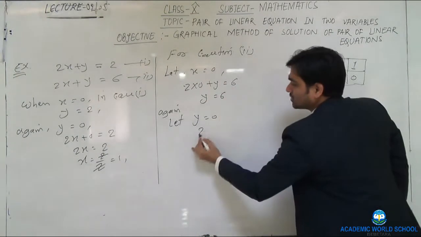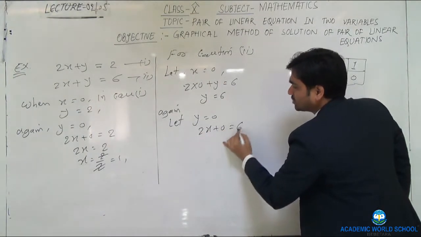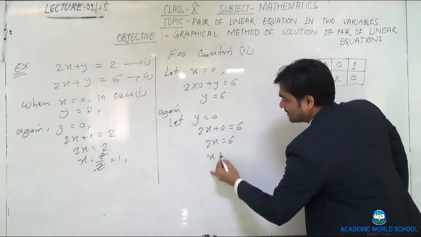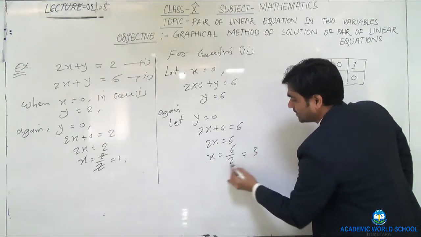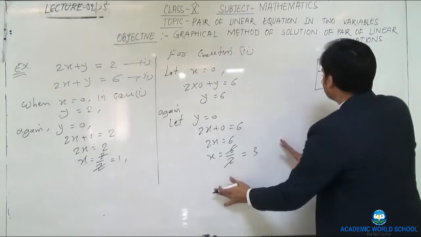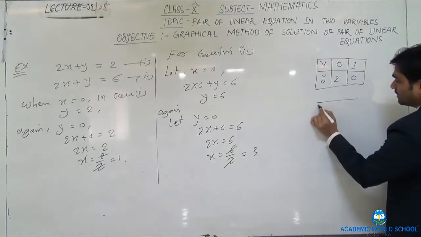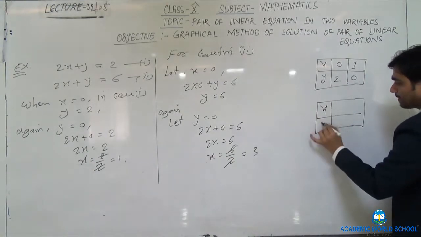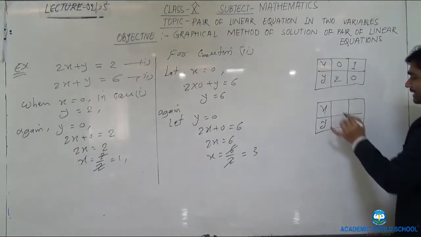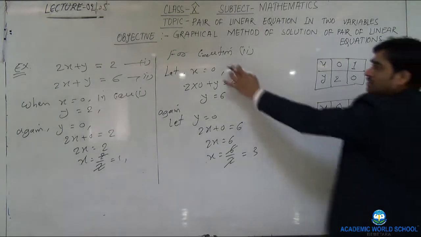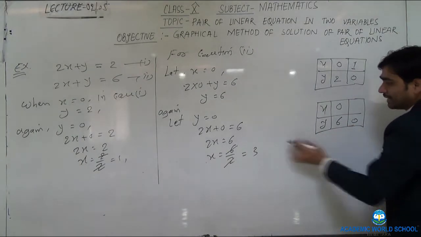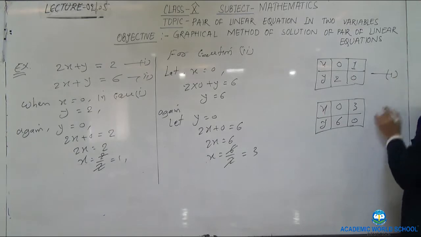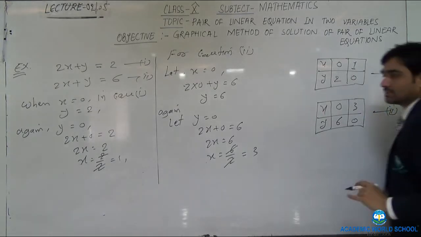If I take y equal to 0, then 2x plus 0 is equal to 6. This term becomes 0, so 2x is equal to 6 and x is equal to 6 upon 2, which is 3. Again represent this in the table so it will be clear for you: x and y. When x equals 0, y is equal to 6, and when y is equal to 0, x equals 3. This is the solution of equation number first and this is the solution of equation number second.